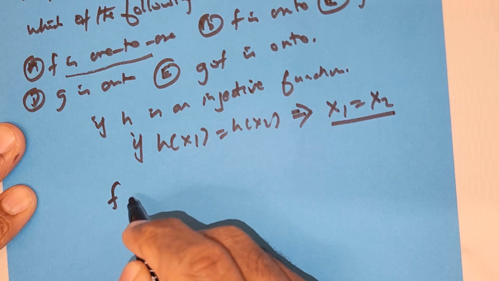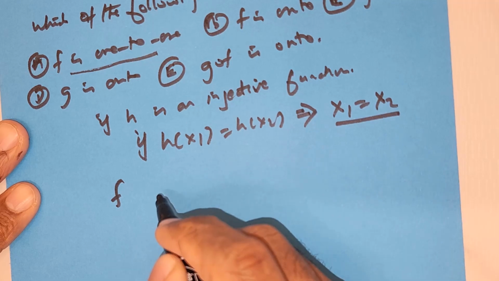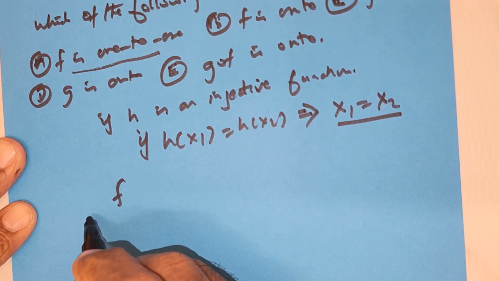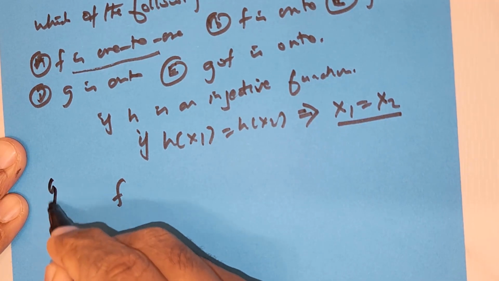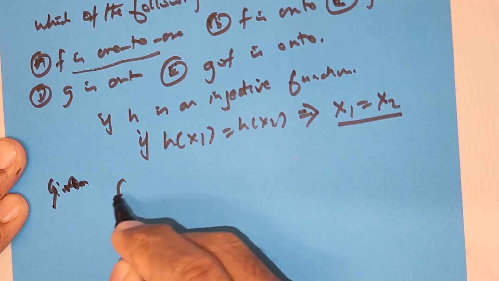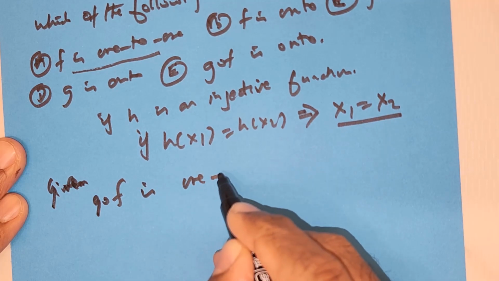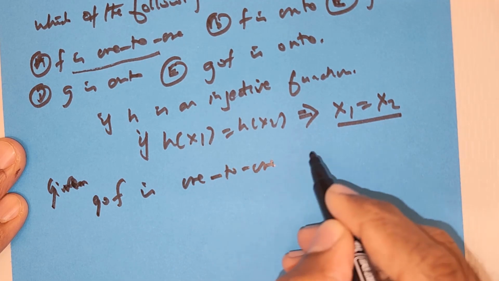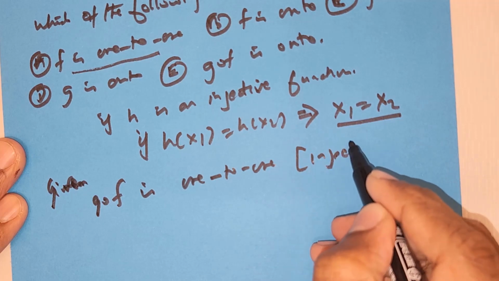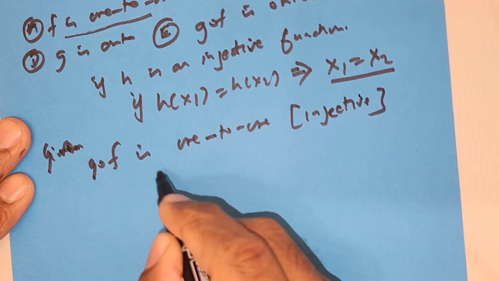So we have F and G. Now let me write this down. Given G of F is 1-to-1, that means injective. So what is the meaning of this?